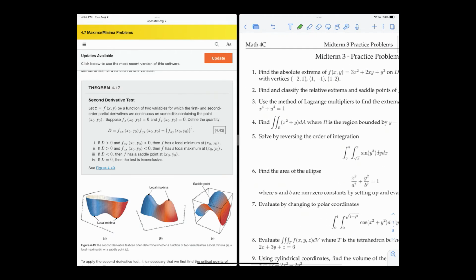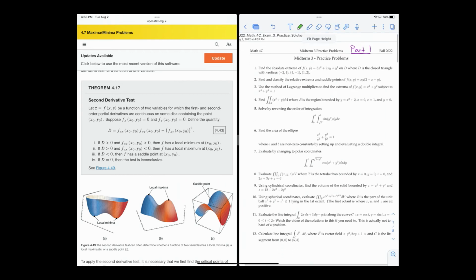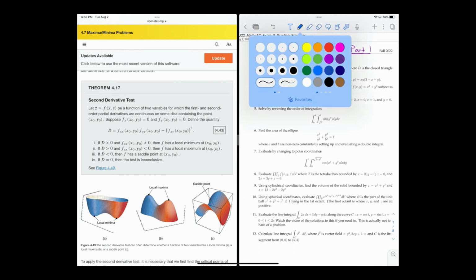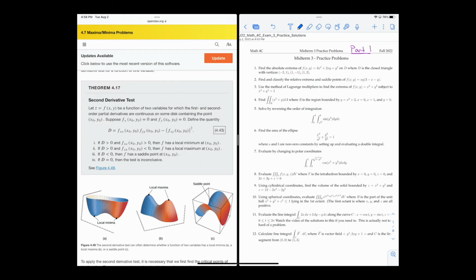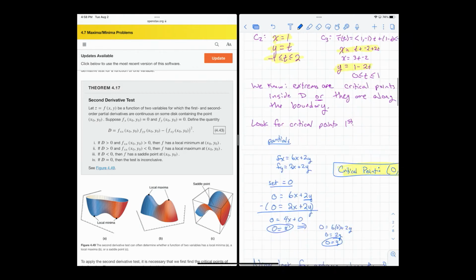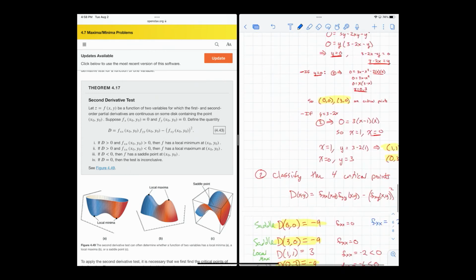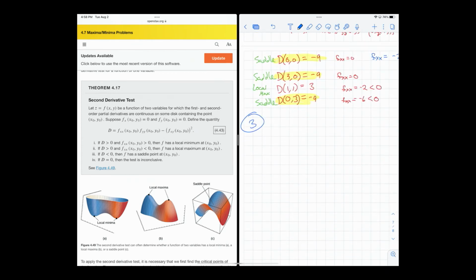Three, Lagrange multipliers. Okay. Interesting. So it was x squared plus y squared, subject to, is it x to the fourth plus y to the fourth equals something?